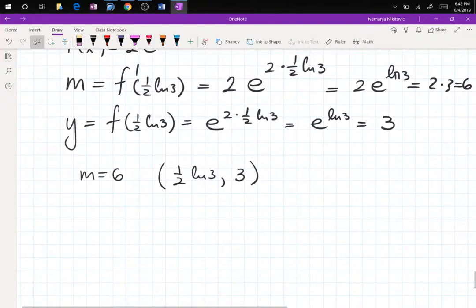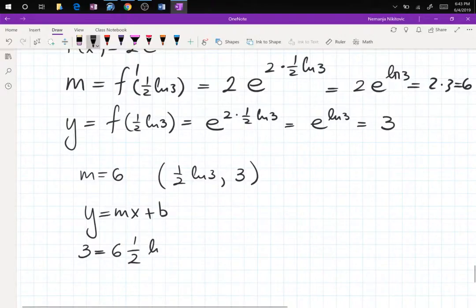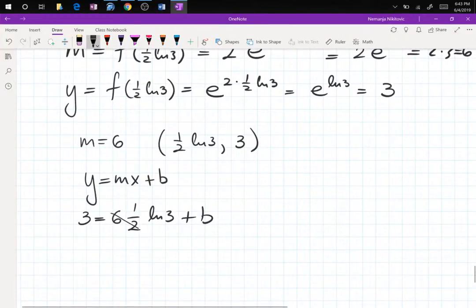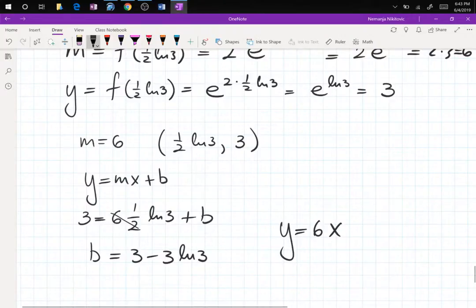So now we plug everything into y equals mx plus b. If you like the other formula, you can use that: y minus y1 equals m times x minus x1. Y is 3, m is 6, x is 1/2 ln 3, plus b. These cancel. So b is equal to 3 minus 3 ln 3. And we're done. Y equals 6x plus 3 minus 3 ln 3.